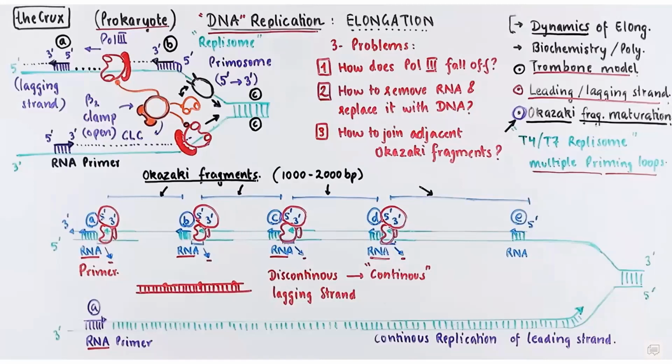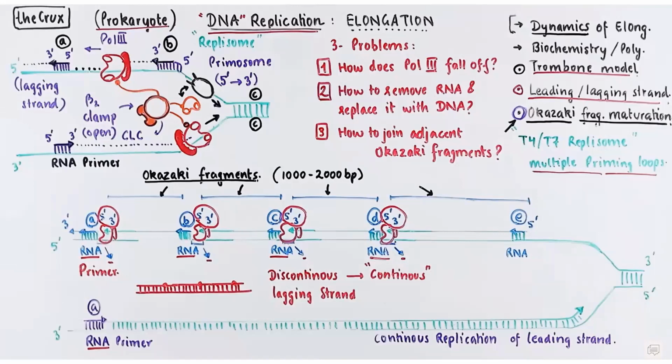In elongation, as the replisome is moving in the 5' to 3' direction, it will continue the synthesis of DNA, making the newly synthesized strand in the leading strand, and in the lagging strand there will be discontinuous replication where a primer will be synthesized and then DNA polymerase 3 will add.